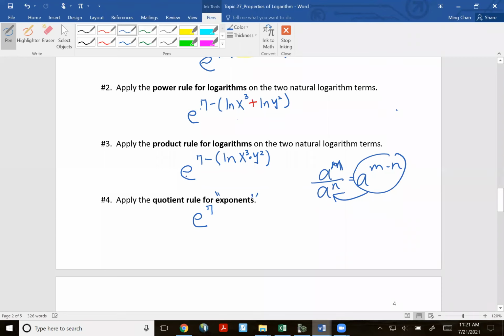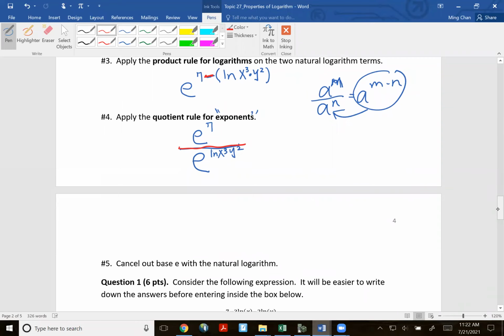Your base is E. So that's E to the 7. This subtraction sign is your division. All right. And then E to the natural log of x to the third y squared. Okay. This subtraction is translated back into the division for the exponents.